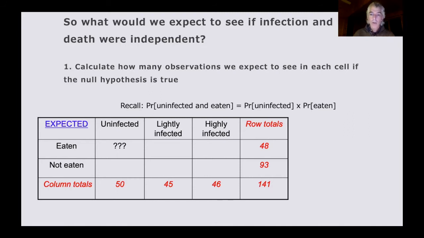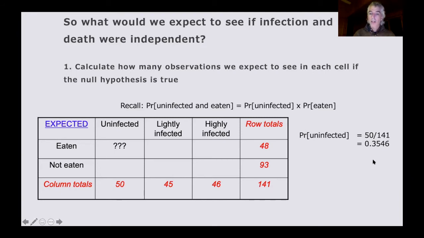All right, so how are we going to calculate this? Well, remember from our probabilities, the probability of being uninfected is simply the number of observations of fish that are uninfected divided by the total number of instances that occurred. So the probability that any fish in the experiment was uninfected was 0.3546, or 50 divided by 141.